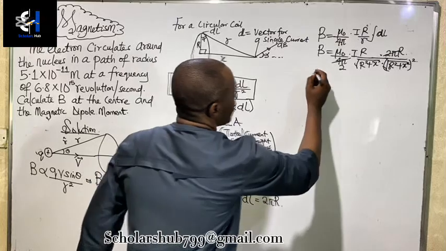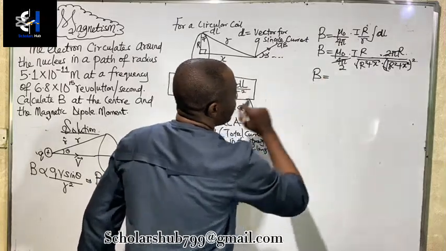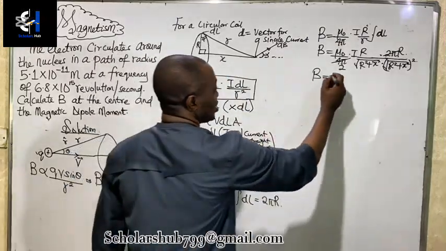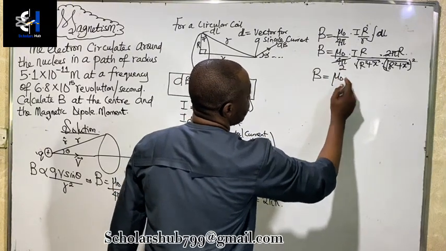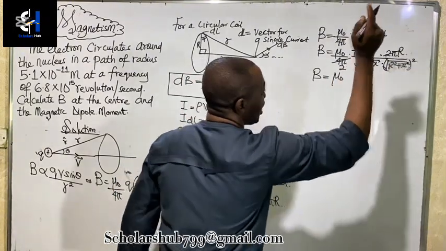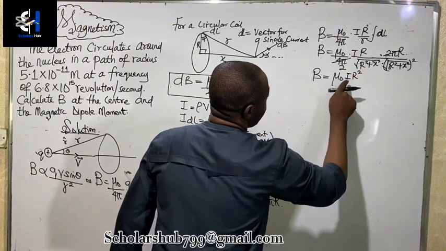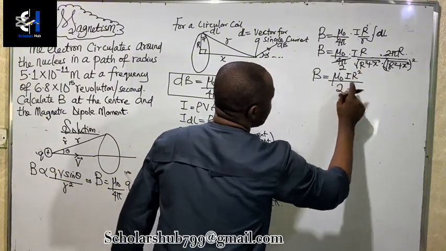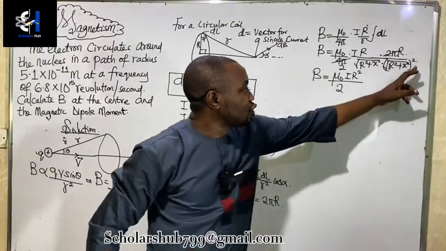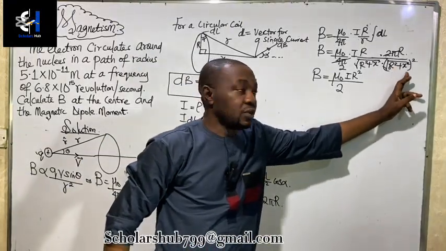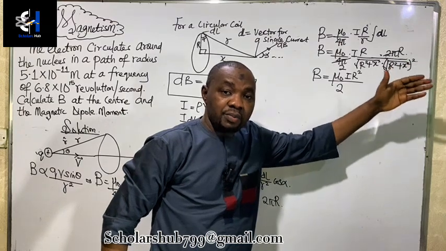So in this case, the magnitude of the magnetic field intensity is permeability of free space, R times R that will be R squared, then times I. So we have I R squared over 2. Now, like I said, the square root of R squared plus X squared will be R squared plus X squared.